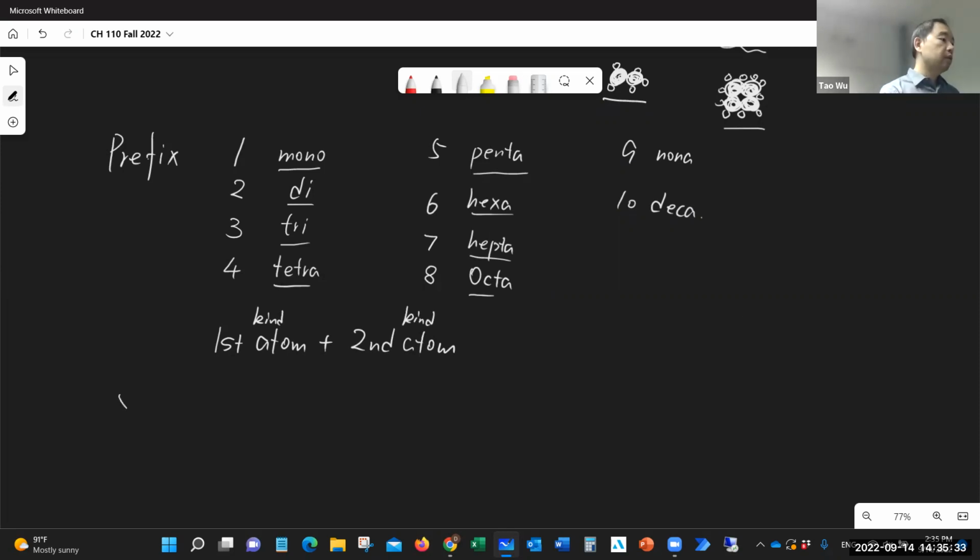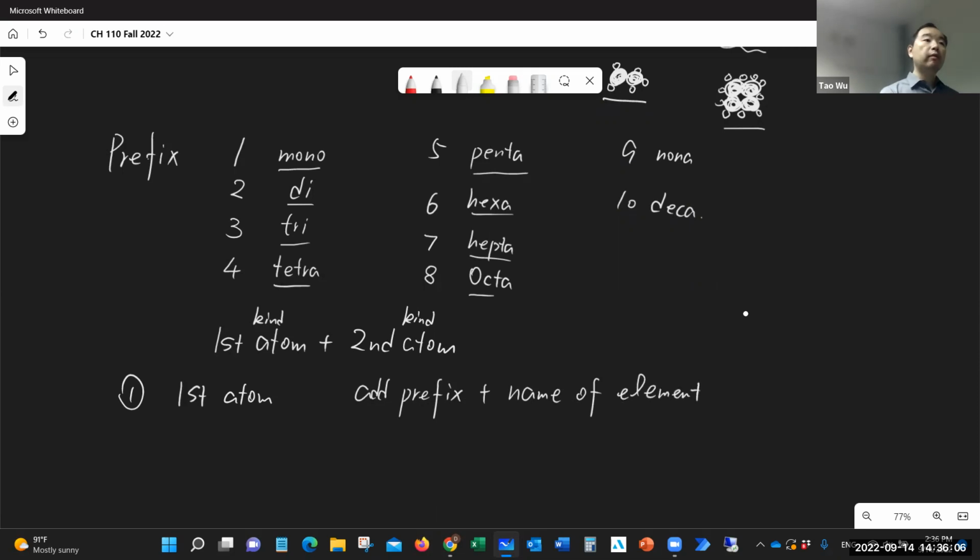And then for the first atom, what are we going to do? You need to add a prefix plus the name of the element.